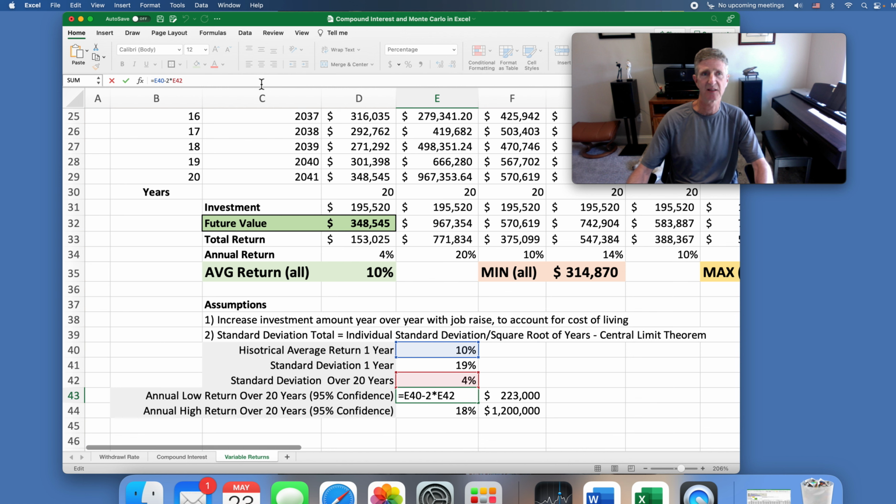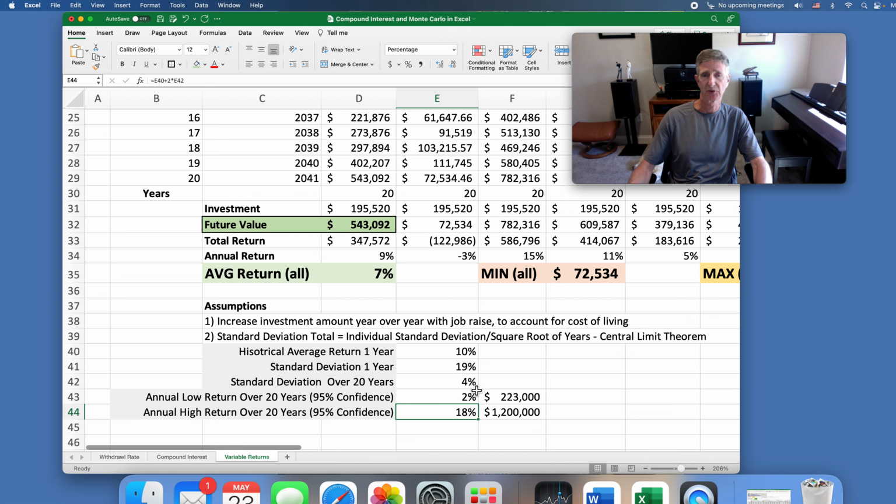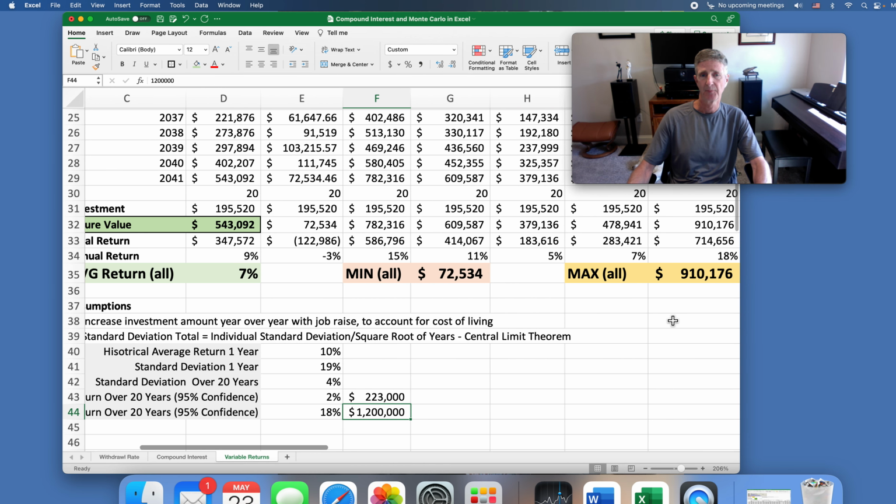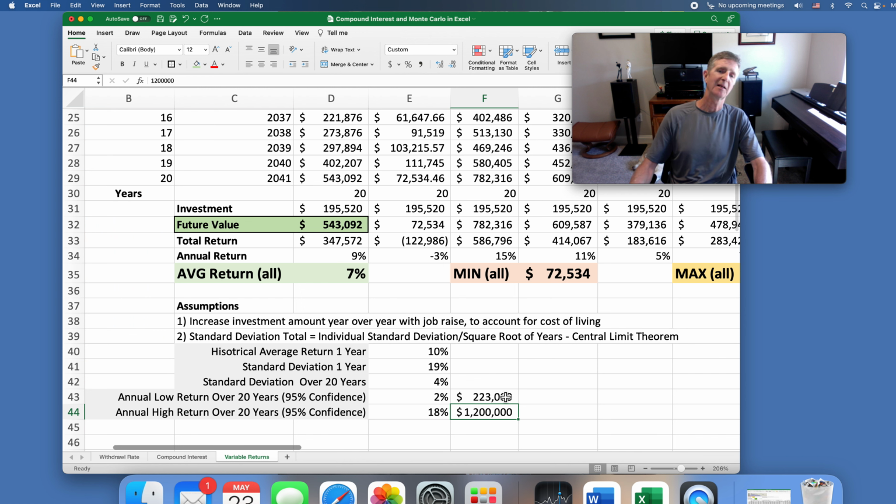If I did this 100,000 times, 95% of the time I'd get 223,000. My high return is very attractive. If I get lucky, I'm in the top 5%. It's the average plus 2 times 4, 18%, which would be $1.2 million. In this case, I got 910. But I can be a little lower than this. I can be a little higher than this. And this is too wide.